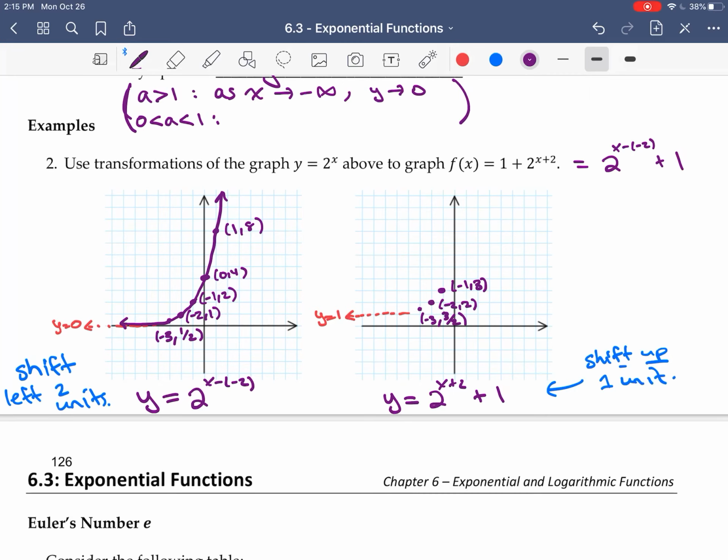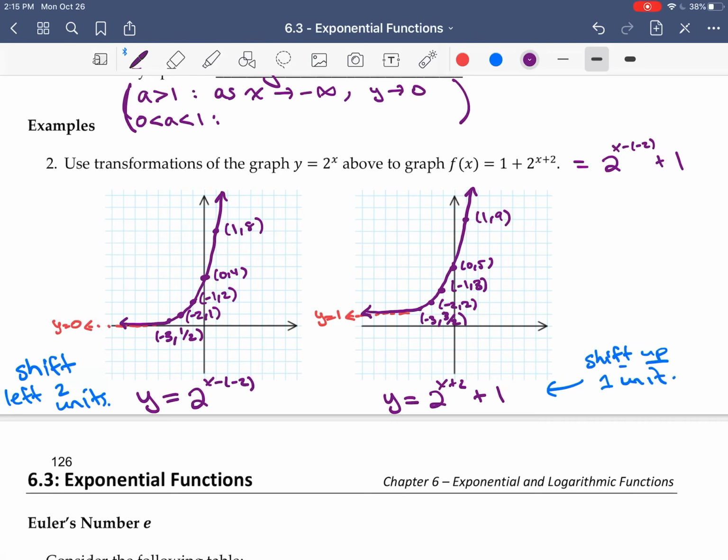And 0, I'm going to be at 5. And then at 1, I'm going to be at 9. Okay, so it's the same shape again, but it's just been shifted up 1 unit.